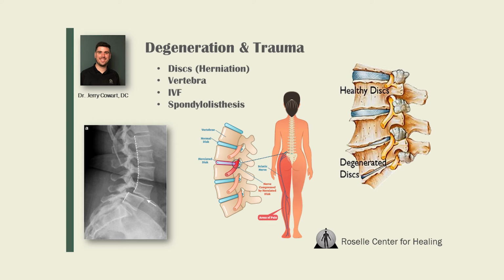So all these things, and that's why I lump degeneration and trauma together, because you really can't talk about one without the other, because it's all really the same anatomy. It's just what's happening to that anatomy that's causing that pain pattern.